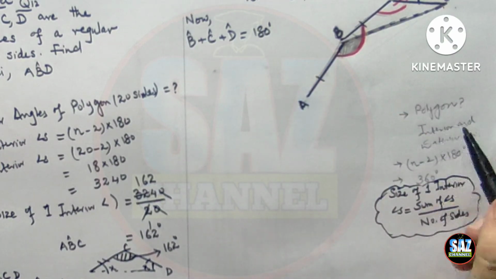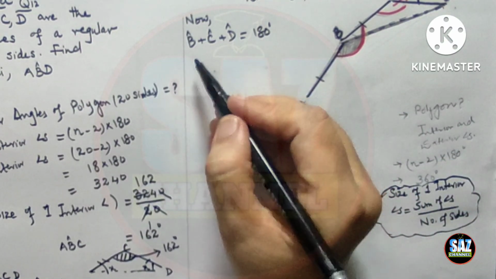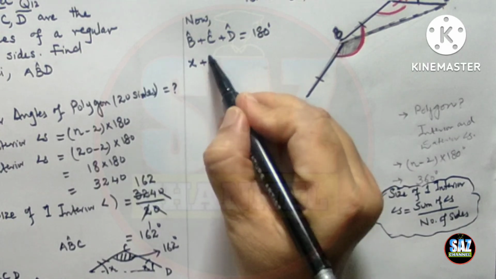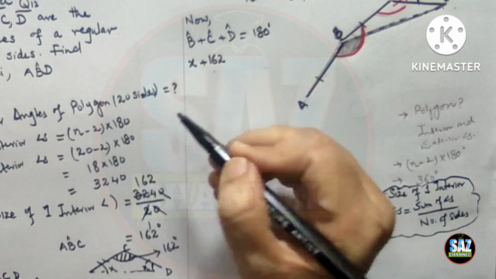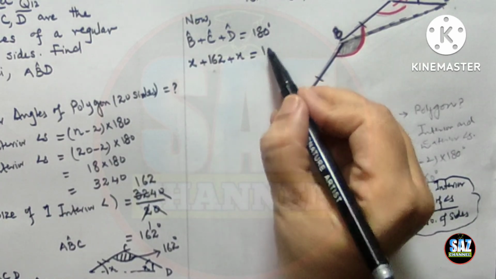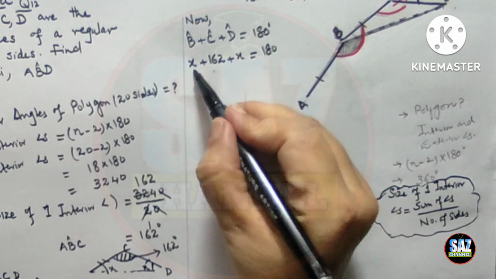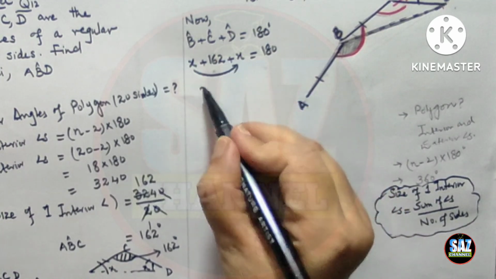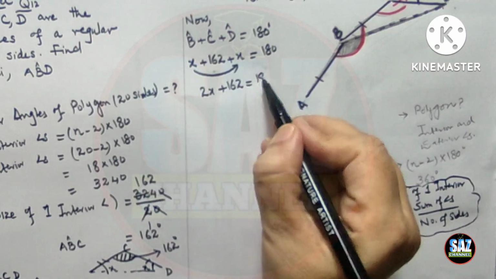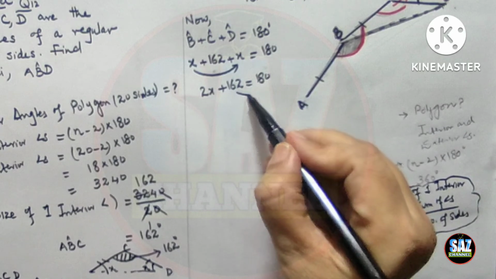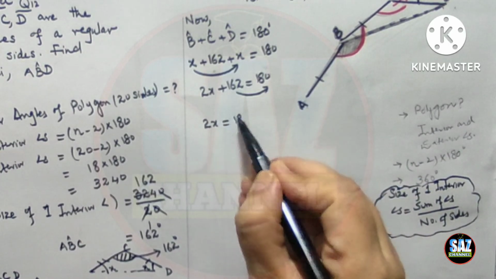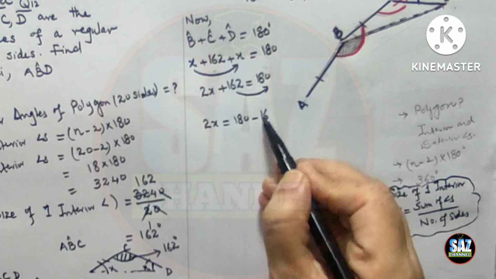Angle B we do not know, but that is x, and C is 162, which we obtained in the previous part, and D as well is x. X and x are like terms, so 2x plus 162 is equal to 180 degrees. Shift 162 to the other side: 2x is equal to 180 minus 162.